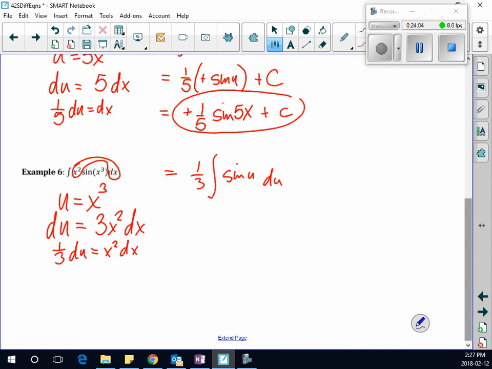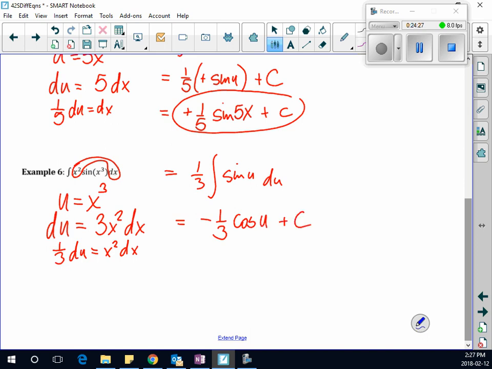Now this time, when we have the integral of sine, it is negative cos, because the derivative of cos is negative sine, so the derivative of negative cos would be positive sine. Does that make sense? So this would be negative 1/3 cos u plus c.